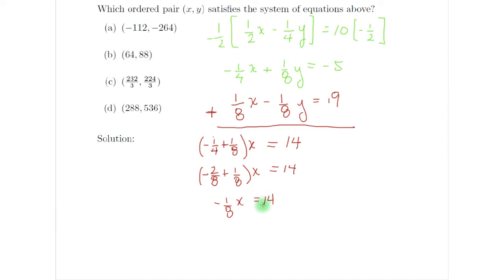So again, if we multiply by the reciprocal on both sides, we get x equals 14 times negative 8, and if you multiply that, you get negative 112. Now, notice that if negative 112, the x value, were repeated in the answers, then you'd have to calculate what the value of y was.